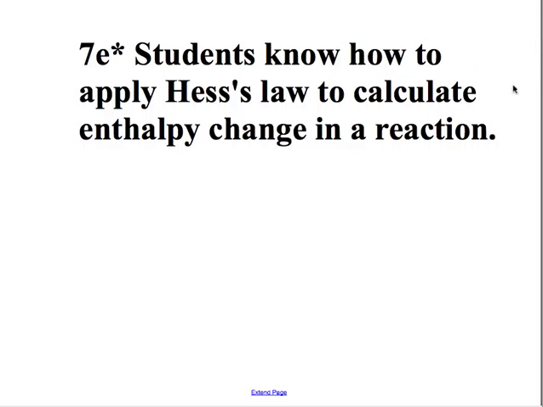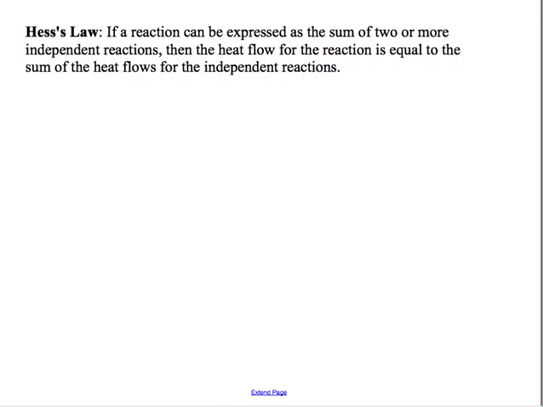So what is Hess's law? Hess's law says that if a reaction can be expressed as the sum of two or more independent reactions, then the heat flow for the reaction is equal to the sum of the heat flow for each independent reaction.